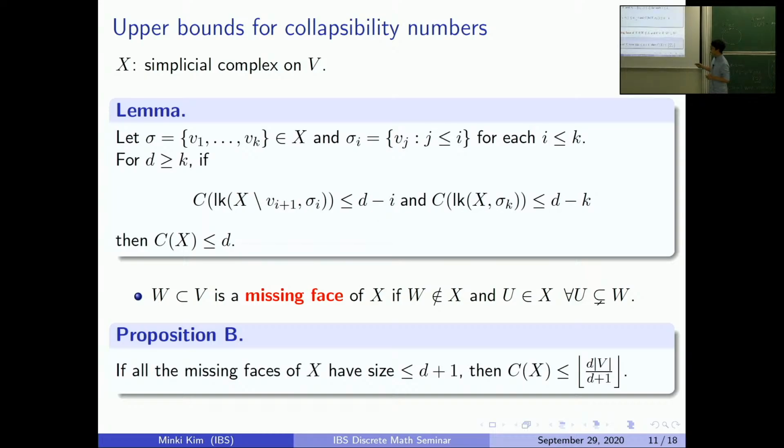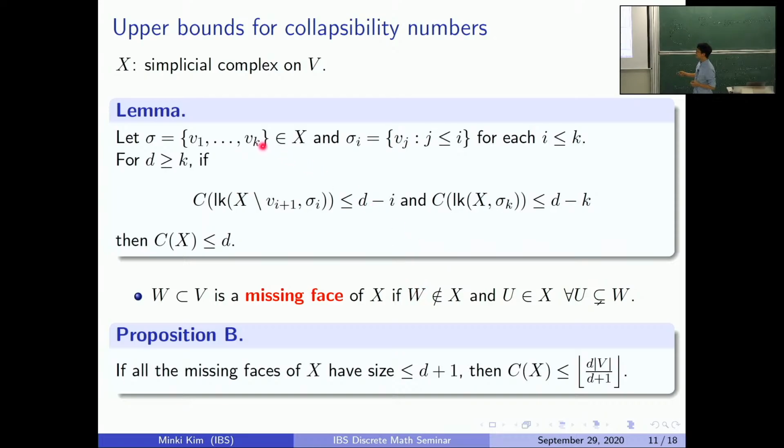So first we define what a missing face is. Given a complex, a missing face is a set W of vertices whose proper subsets are all faces of the complex, but the set W itself is not a face of X. This is a missing face. For example, an empty triangle or empty tetrahedron in the complex is a missing face. Minimal non-face. Yeah, minimal non-face.